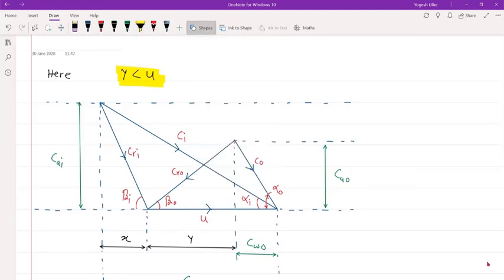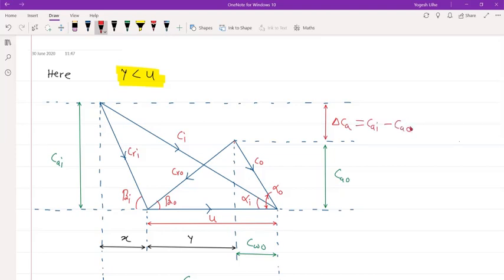From here to here, this complete is our U. And here U is greater than Y. In this scenario, from here to here, this is our delta CA. And delta CA as usual is CAI minus CAO.